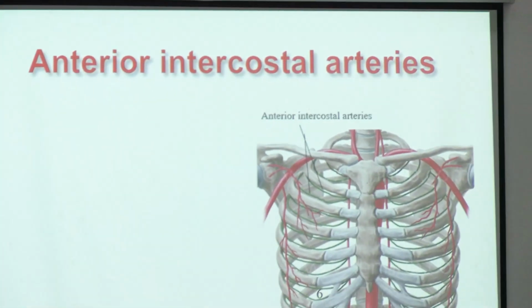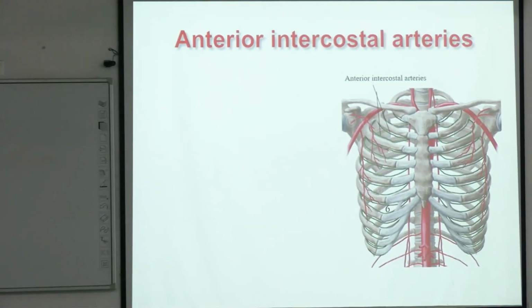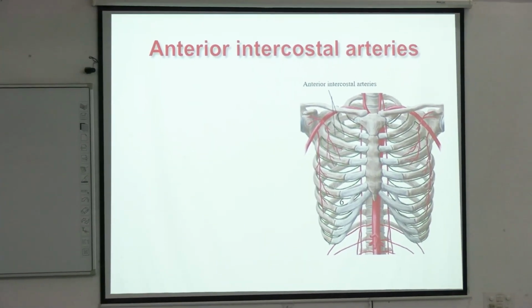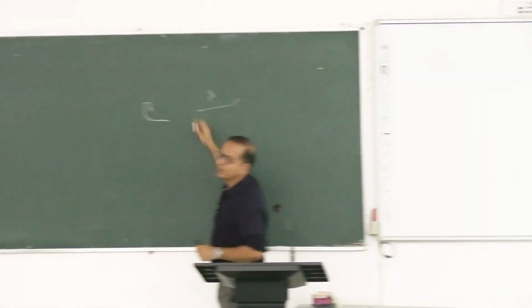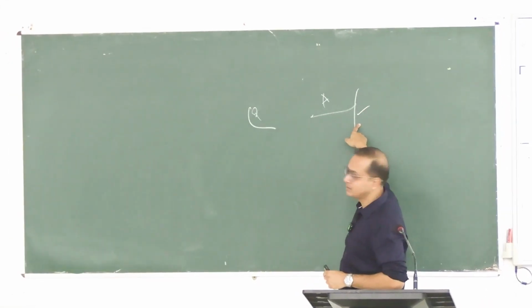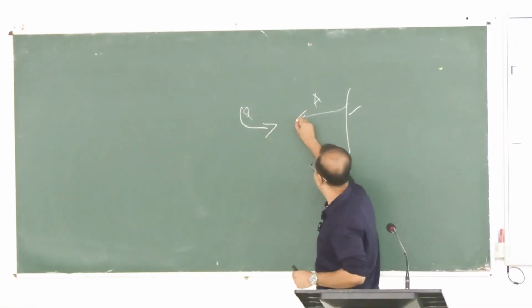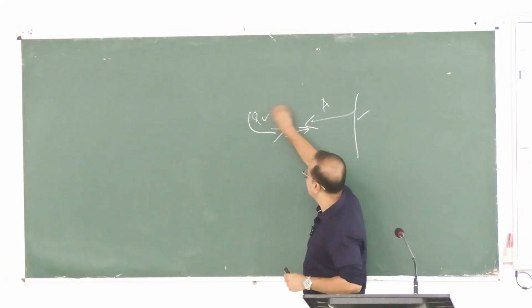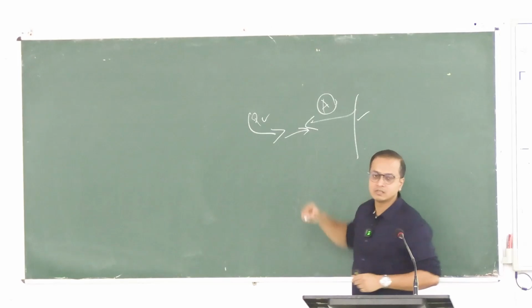We have the intercostal arteries, and there are two sets. One is coming from the posterior, one from the anterior side, and the anterior one is coming from the internal thoracic artery. The posterior one and anterior one mingle with each other. The posterior one is larger, the anterior one is smaller.